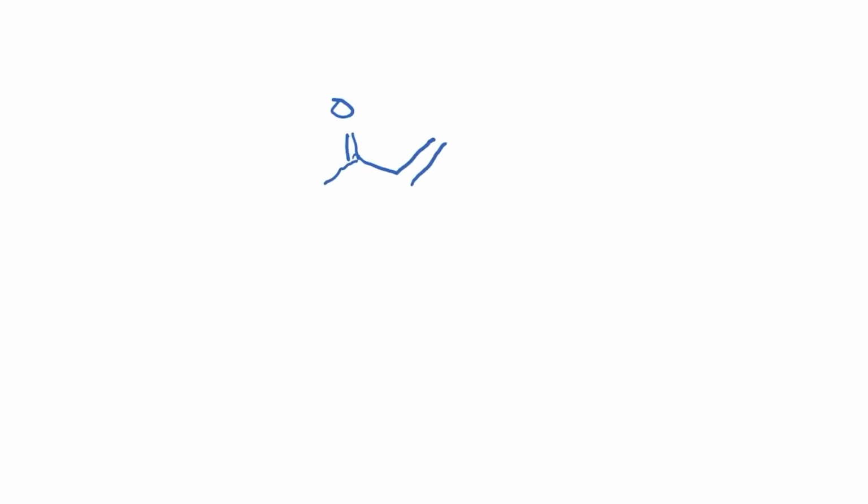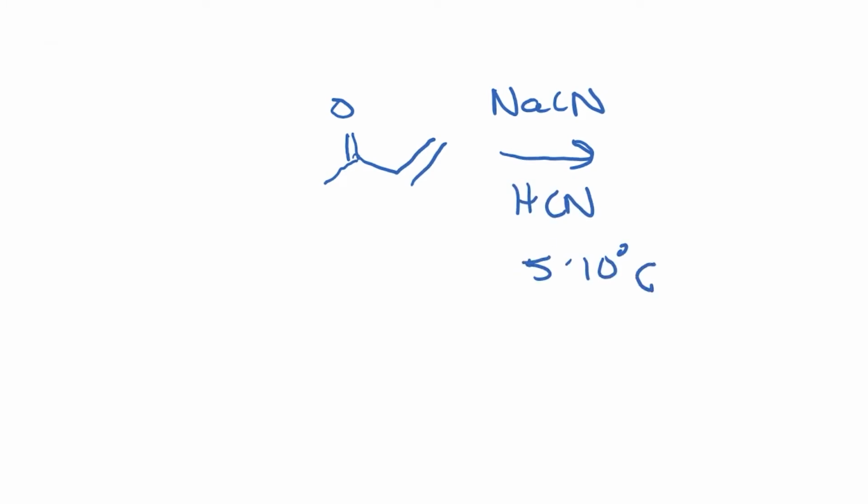You start with this compound, and when you add NaCN, HCN at somewhere between 5 and 10 degrees centigrade, versus similar reaction conditions, NaCN, HCN. The only difference is we do this reaction at 80 degrees centigrade.